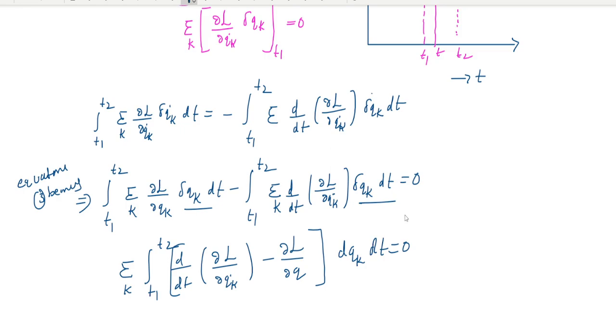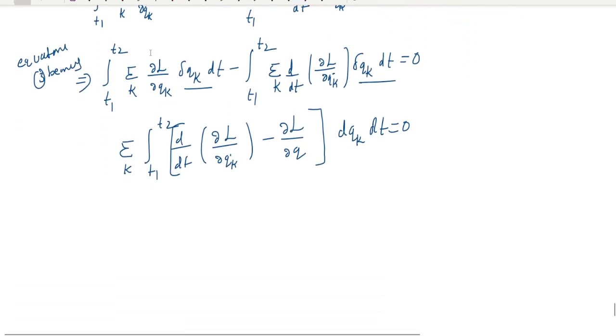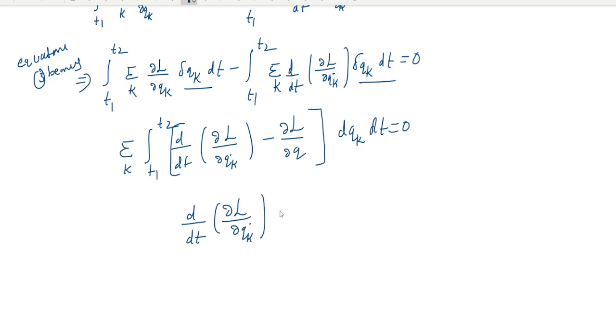Therefore for a Hamiltonian system, the generalized coordinates, delta qk's, are independent of each other. Therefore, the coefficient of delta qk must vanish. So finally, we'll get this equation: d by dt of partial derivative of L divided by velocities, minus dou L divided by dou qk, equal to 0.